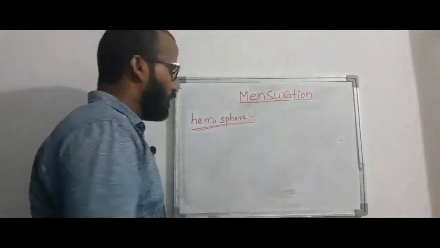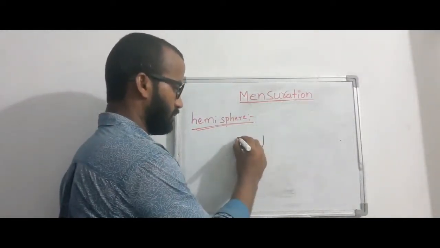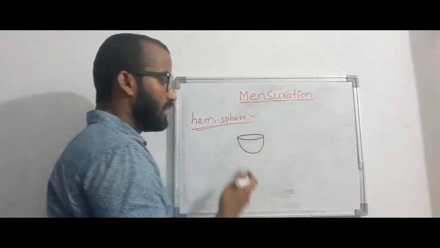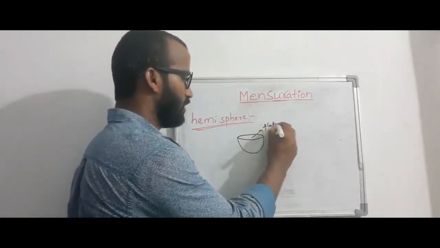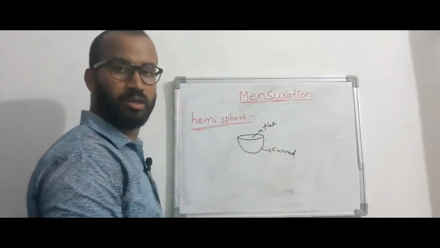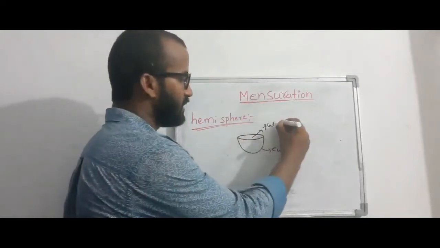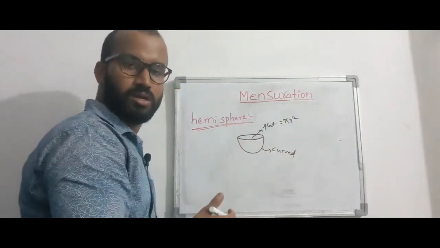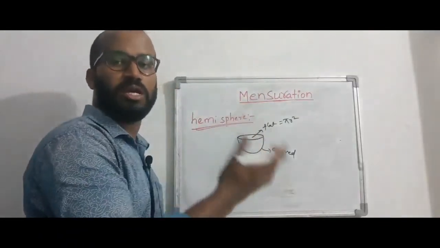Okay. Our next 3D shape is hemisphere. In hemisphere, there will be a flat surface area and a curved surface area. Flat surface area means one circle, and one curved surface area. Flat surface area how much? Pi r square. What about curved surface area? For full sphere, 4 pi r square.